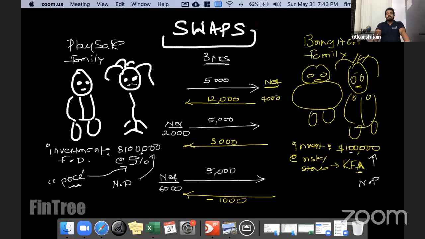See, number one, swap is not a retail product. It's an institution product. I did this example just to make it a little easier for us to understand at the beginning. Number two, let's think of a more realistic example.